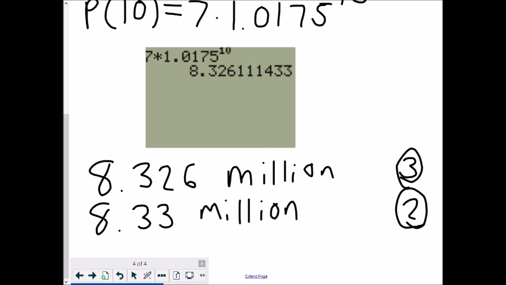And whenever you have a problem like this, don't put 8.33 and exclude million. Always put million, because it's a growth equation. There wouldn't be 8.33 people in the country, especially if it's growth. So always put your units.